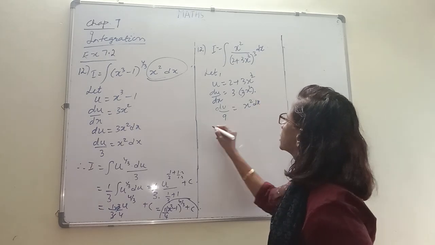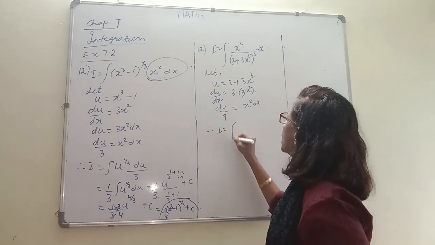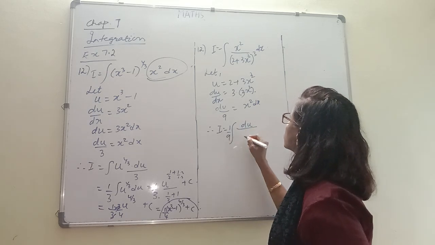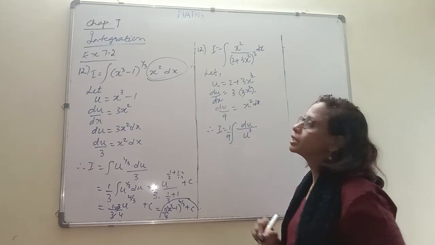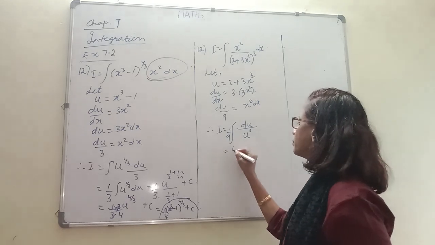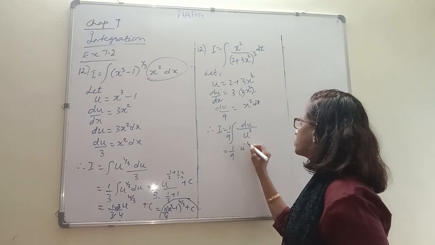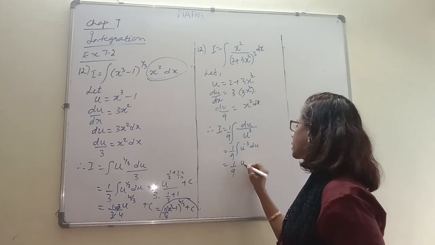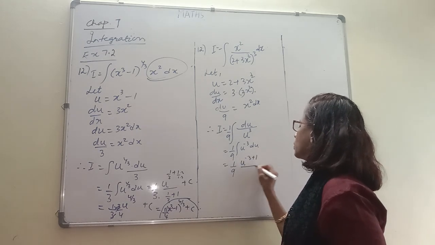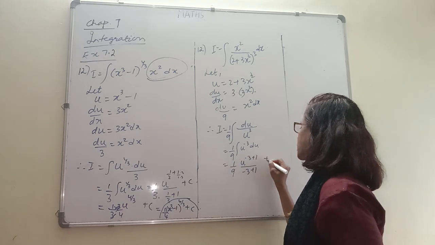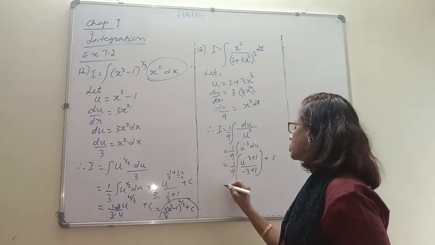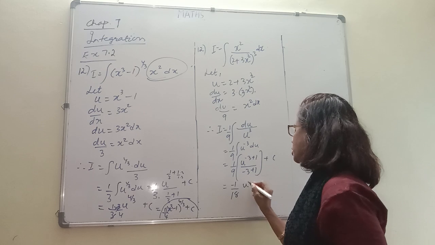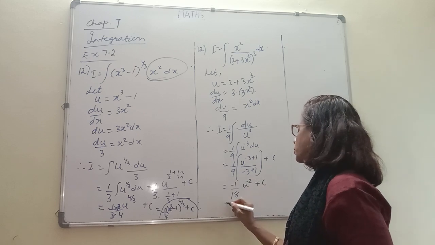So let's revert back and see what's the value of I. I will be du over 9, and this is going to be u cube. So that way you have 1 over 9 times the integral of u raised to minus 3 du. So when we integrate, it's minus 3 plus 1 over minus 3 plus 1 plus c. That's minus 2. So it's minus 1 over 18 times u raised to minus 2 plus c.